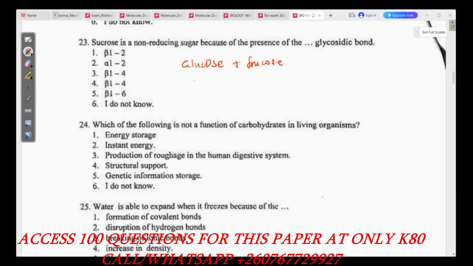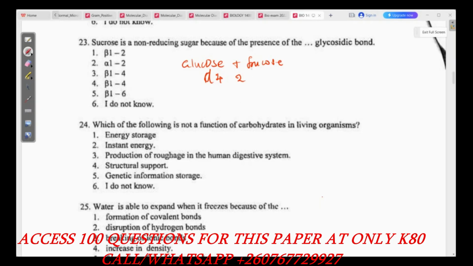So this bond is between carbon 4 of glucose and carbon 2 of fructose. So this is the alpha glycosidic bond, because you have got alpha glucose and a fructose molecule coming together to form this bond.